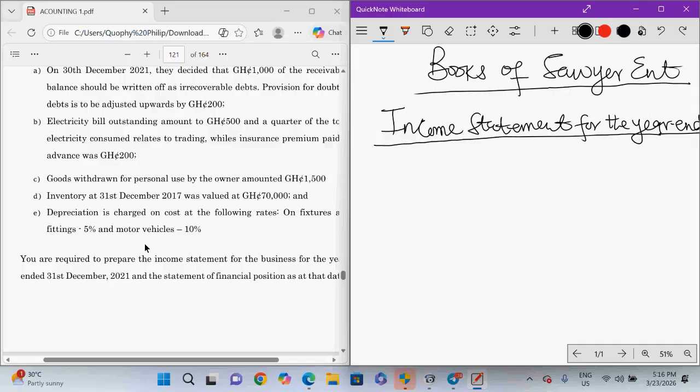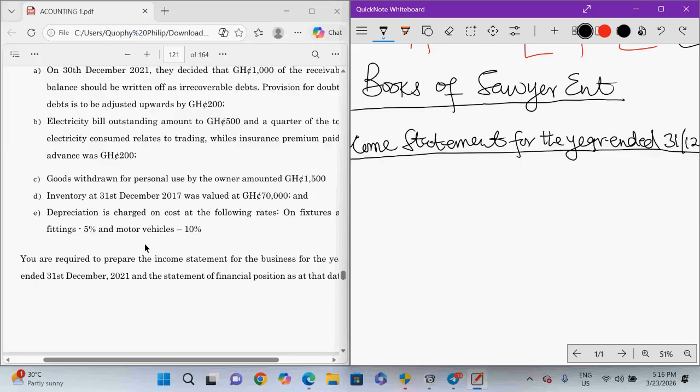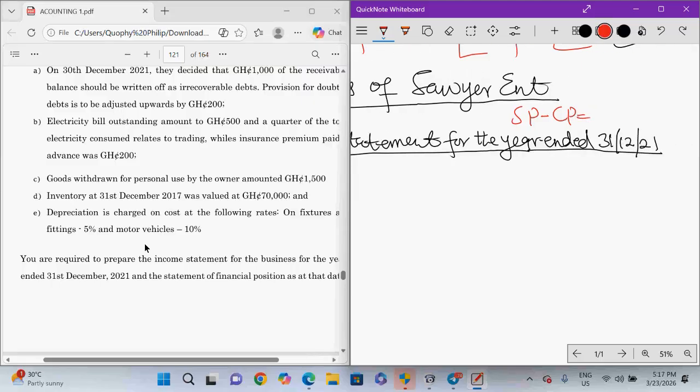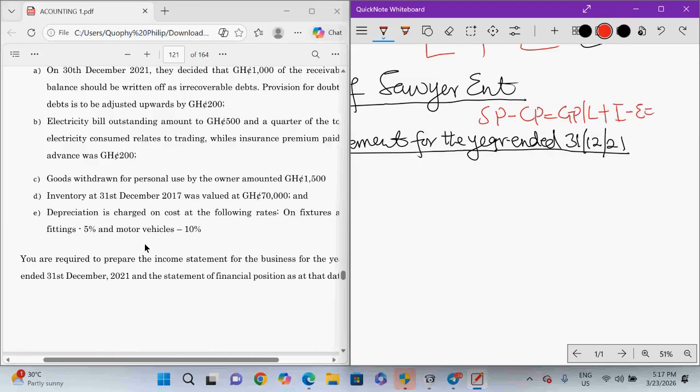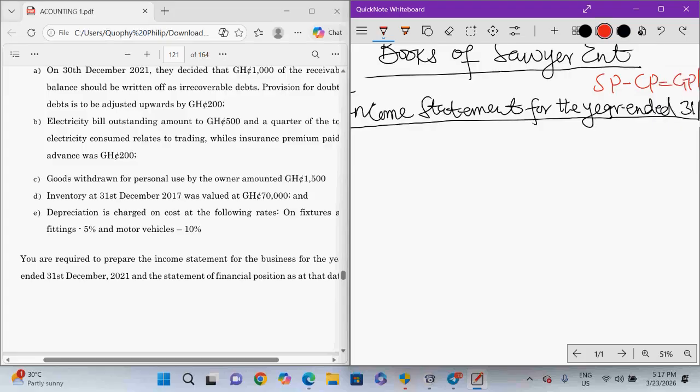Okay. So that is the income statement. You can write this somewhere on a question paper, just to guide you, the format that I gave you. So CP is equal to what, GP, plus I minus E is equal to what, NP or L. Not in your answer booklet, maybe on your question paper.